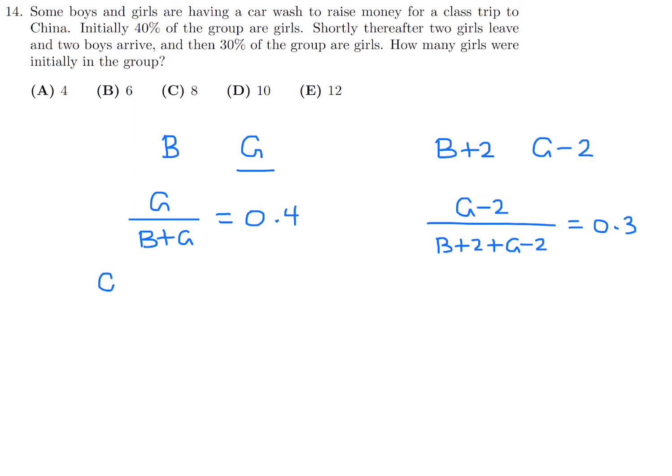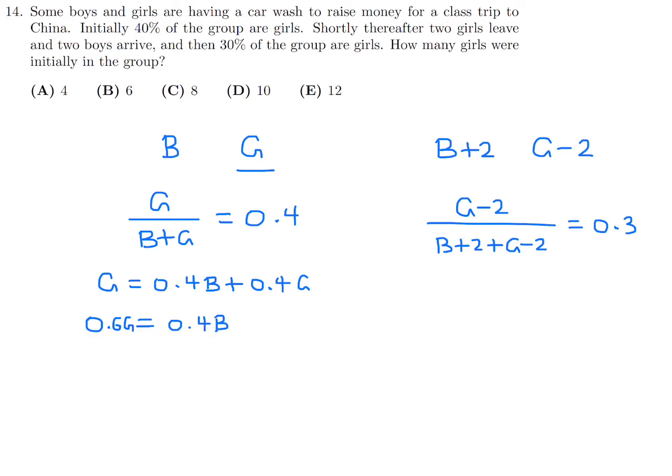So from the first one, we get G is equal to 0.4B plus 0.4G, like that. So therefore, this is 0.6G is equal to 0.4B.